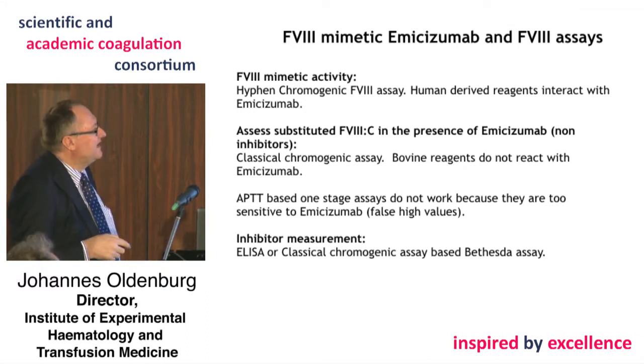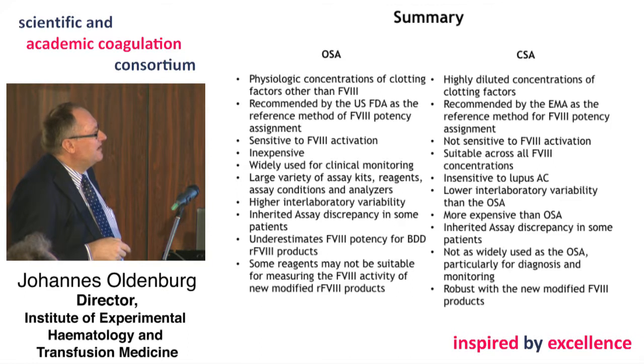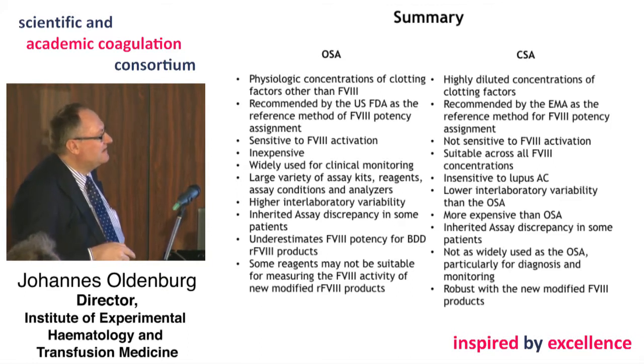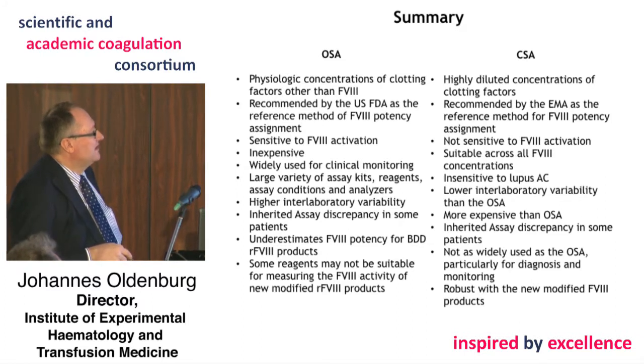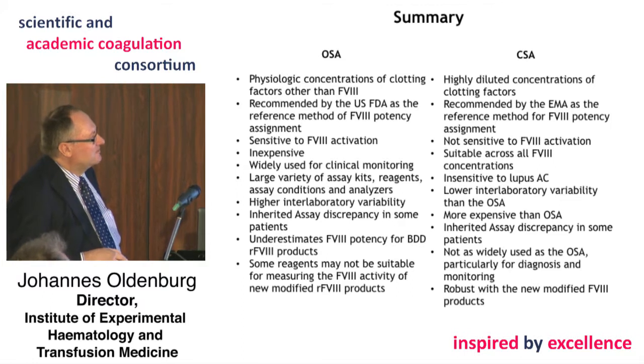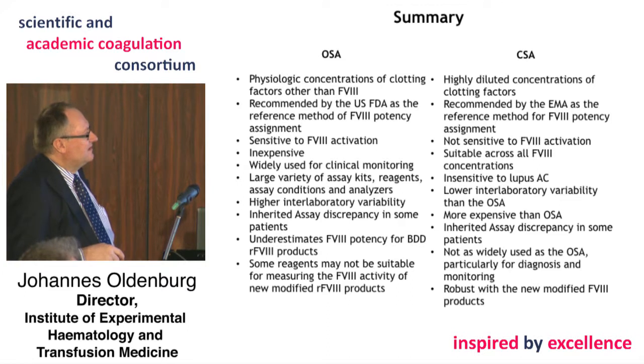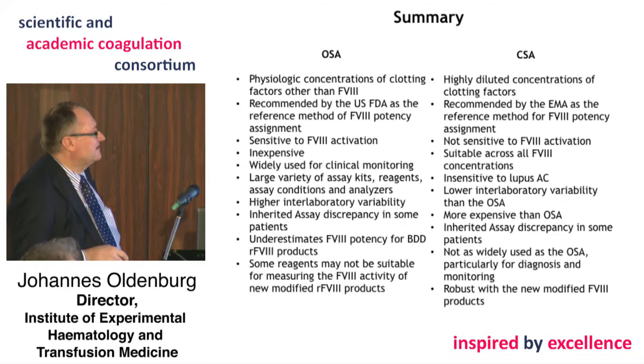And here's a summary. For the one-stage assay, we have physiological concentrations of the components. For the chromogenic assay, we have highly diluted factor VIII concentration and very purified components. The one-stage assay was the one preferred in the past by the FDA for potency assignment, the chromogenic assay by the EMA for potency assignment. The one-stage is very sensitive to factor VIII activation. The chromogenic is not. This one is inexpensive. This is more expensive.